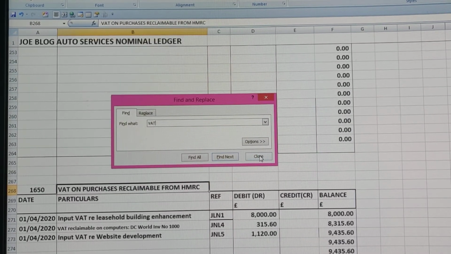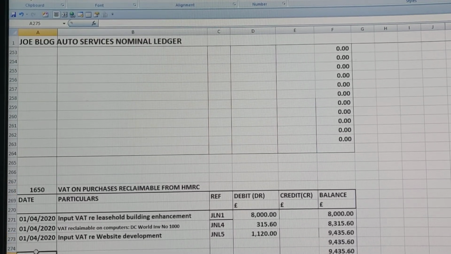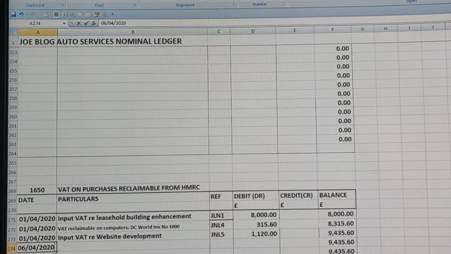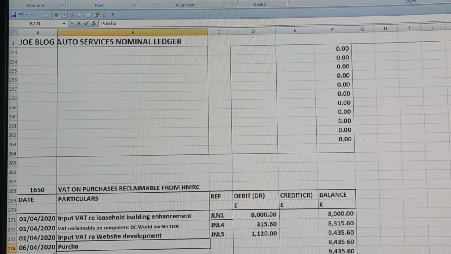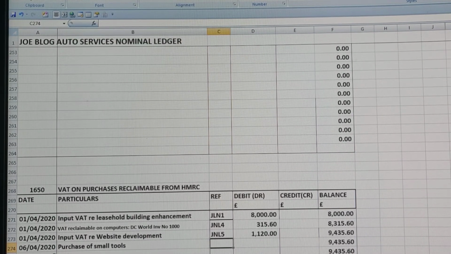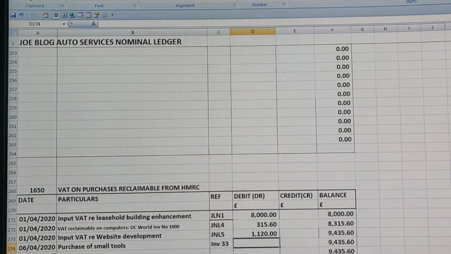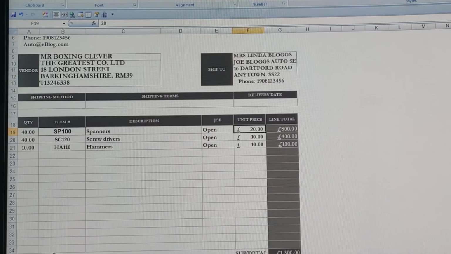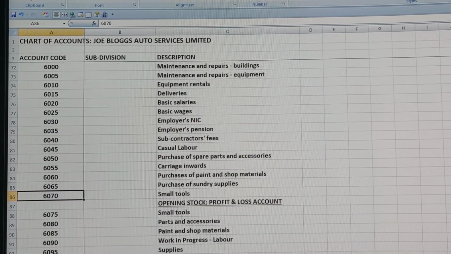VAT on purchases, which is reclaimable. So the date is 06/04/2020, purchase of small tools, invoice 33. The VAT element is £260.